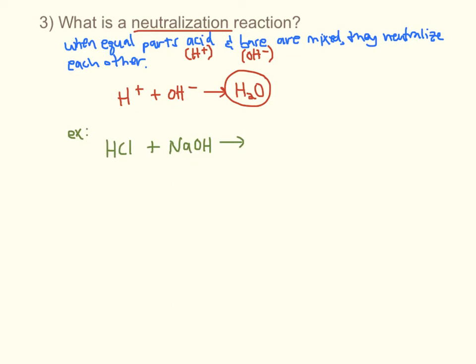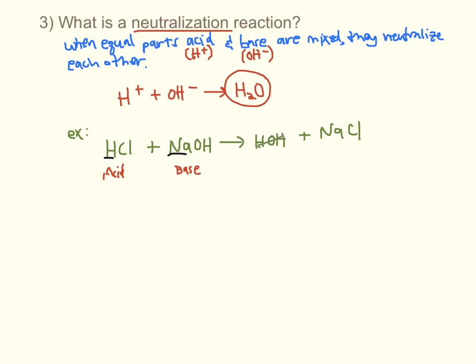So an example of a neutralization reaction is where you take something like hydrochloric acid, which we know is an acid. It's a very strong acid, as a matter of fact. And NaOH, which is a base, a pretty strong base. What you're going to get is essentially a double replacement reaction. So the hydrogen and the sodium are just going to switch places. So you're going to get H with the OH and sodium with the chloride.